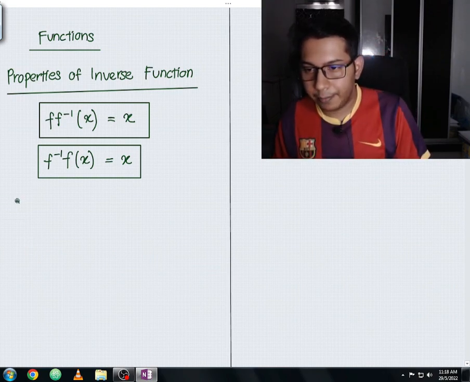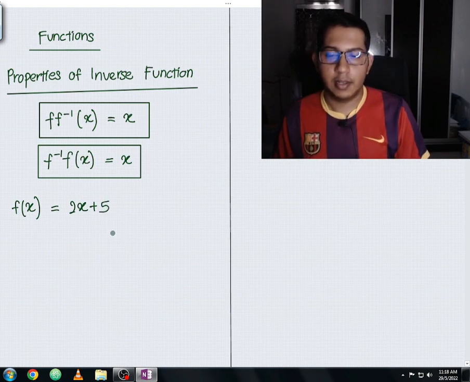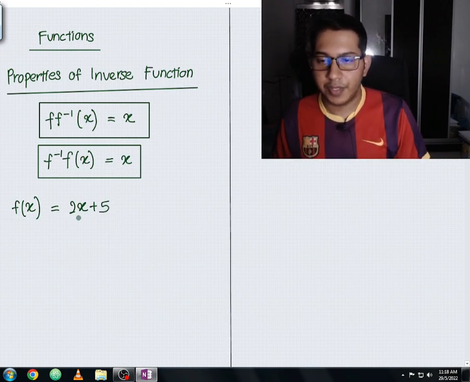So given that f(x) is equals to 2x plus 5, let's say we're going to find the inverse of this.